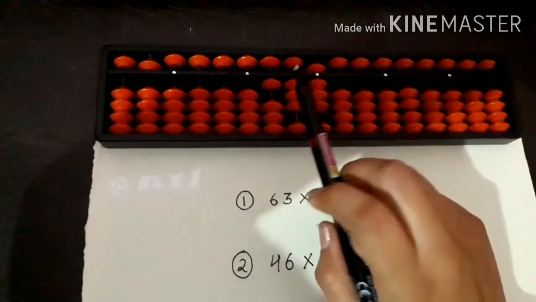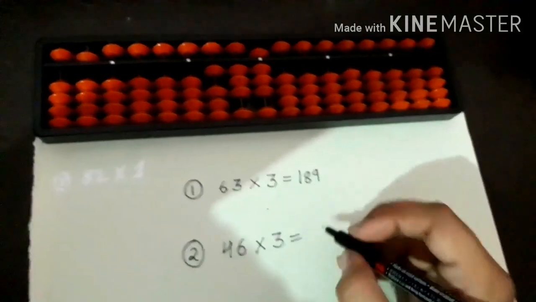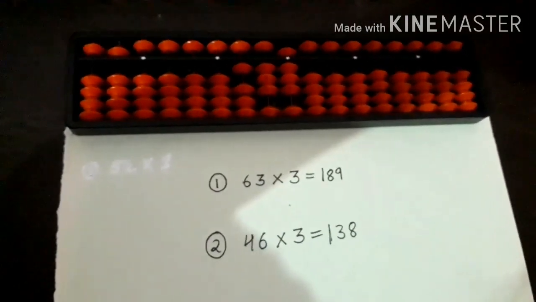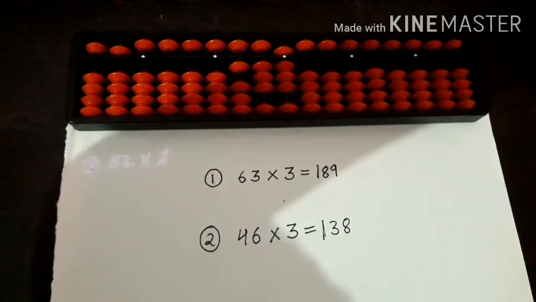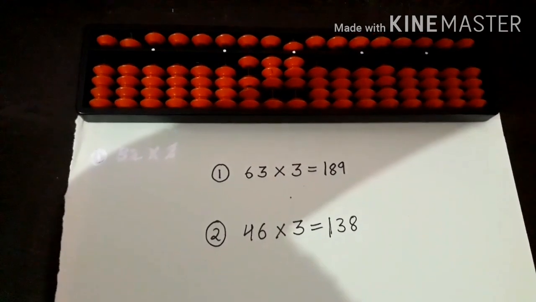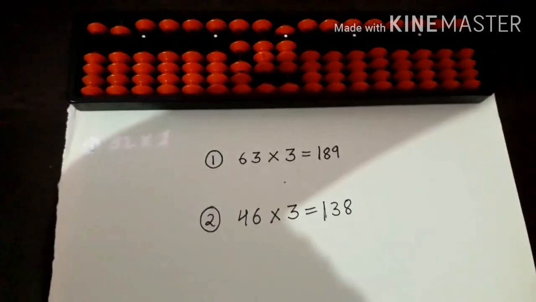So what is the answer? 100, 30 and 8, 138. See, with the abacus tool, how easily you can do your questions. So please practice at home. I have given you the worksheets with this video.